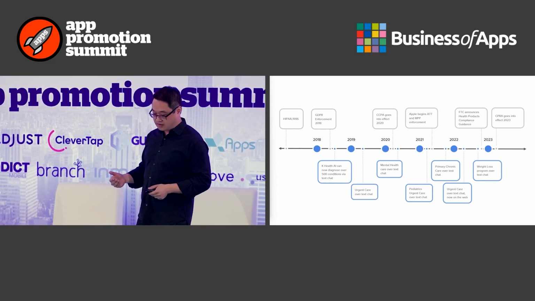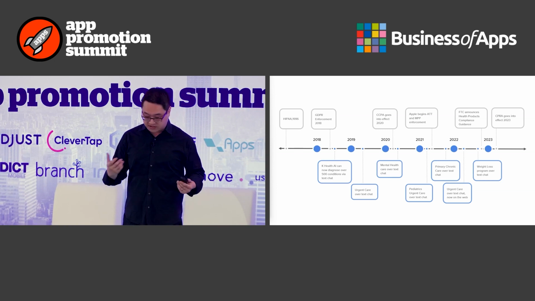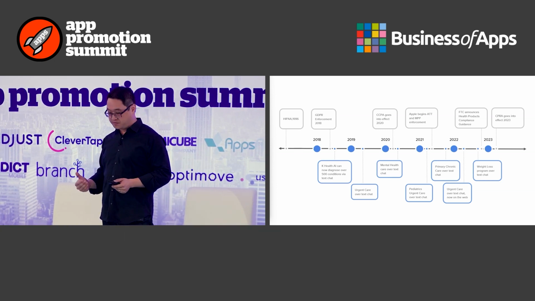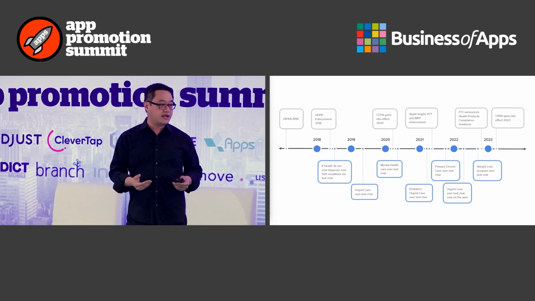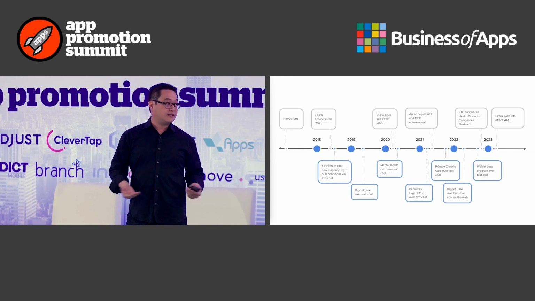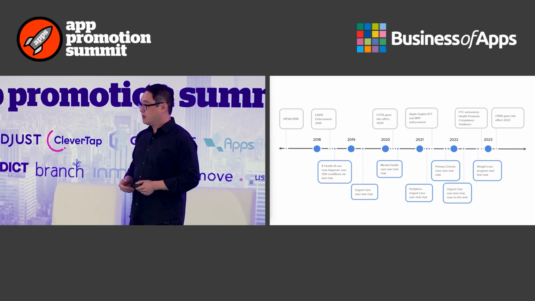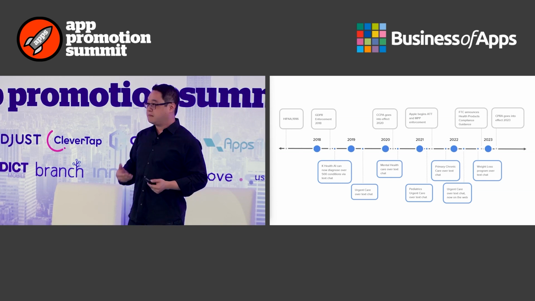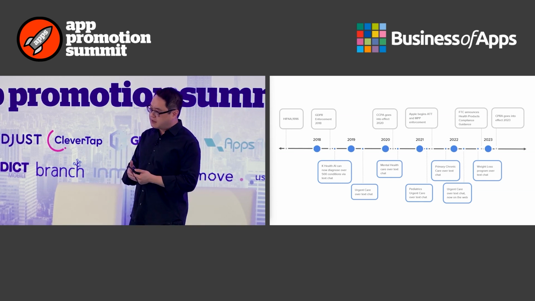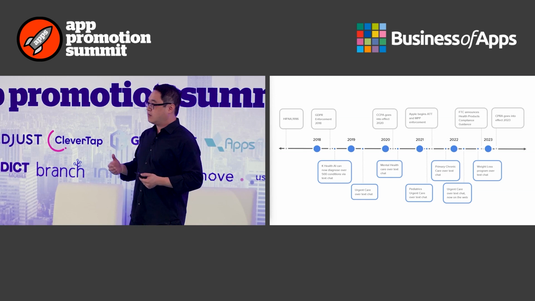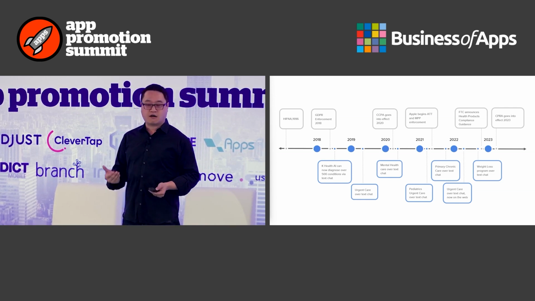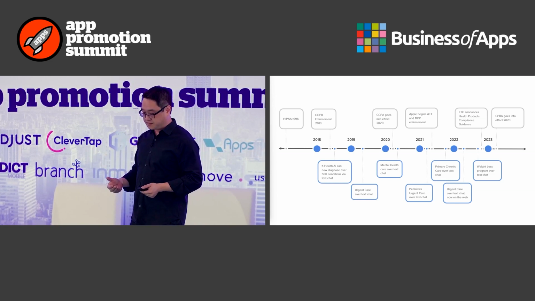Pediatrics in 2021, primary care also in late 2021. And so this is basically to say that we've been expanding our offerings very deliberately to try and meet the users where they are, to keep making sure that we could serve them when it was really hard for them to see a doctor.